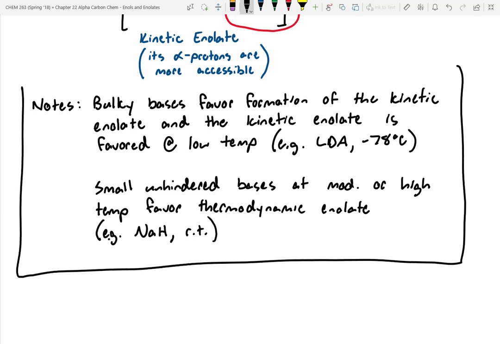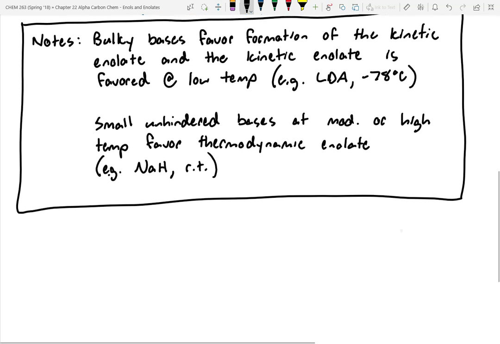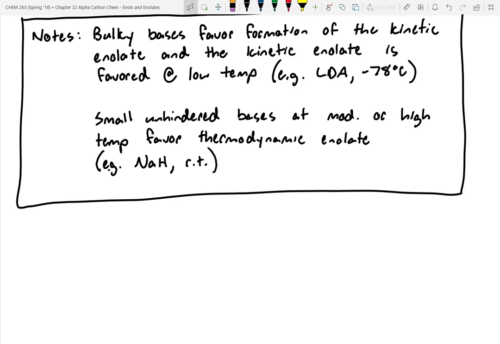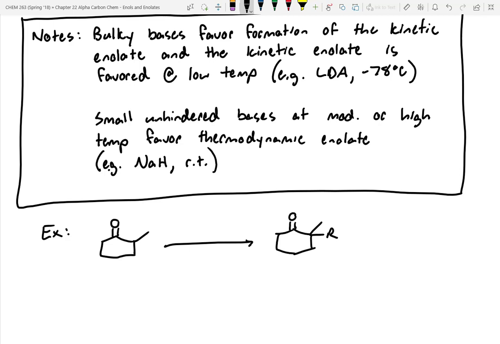So let's just write down the reaction conditions so we have a really simple generic thing to look at. So we'll use that same starting material we were looking at before. For this one, we want the R group to come off the more substituted carbon. That means we need to go through our thermodynamic enolate. So I'd say NaH at room temp. And then you need your alkyl halide.